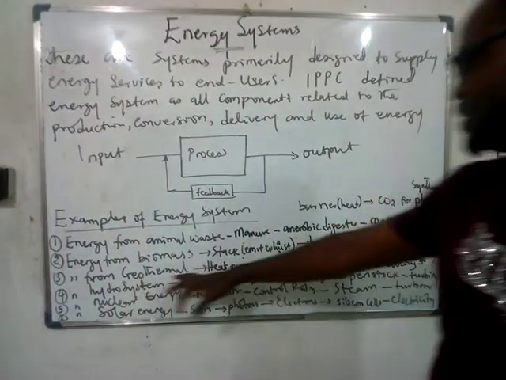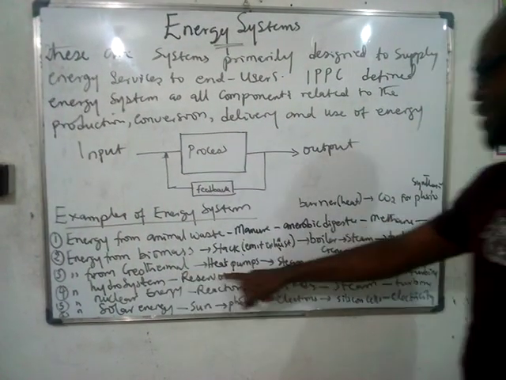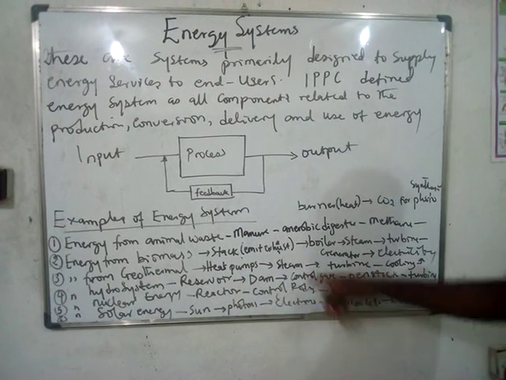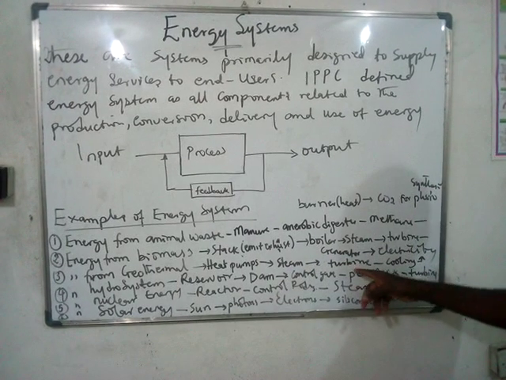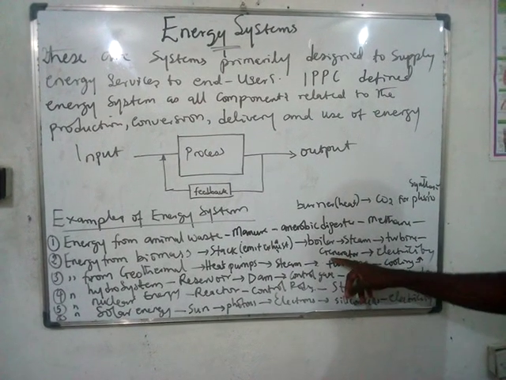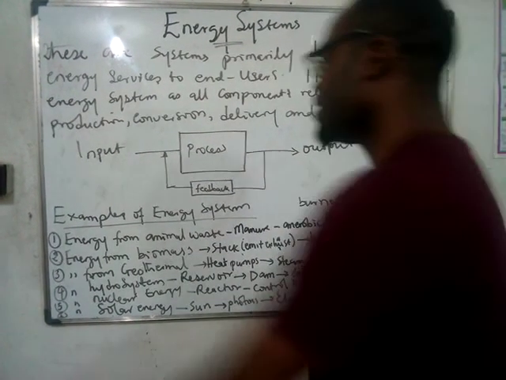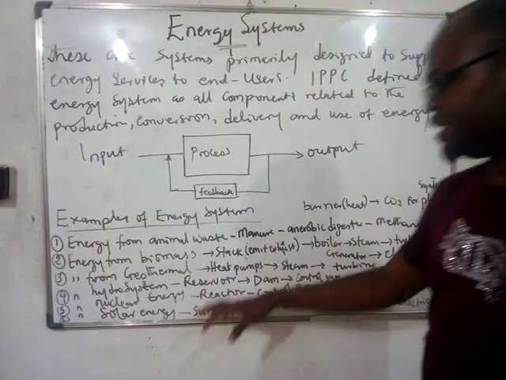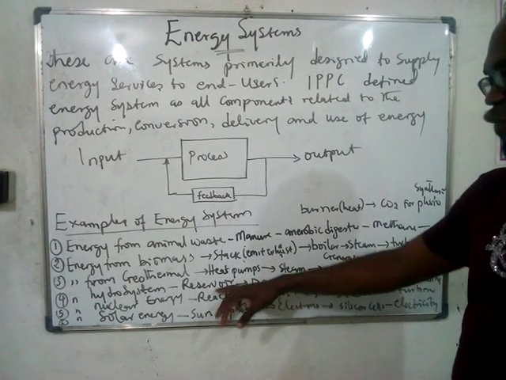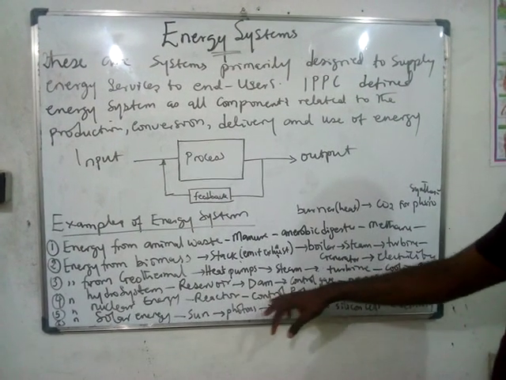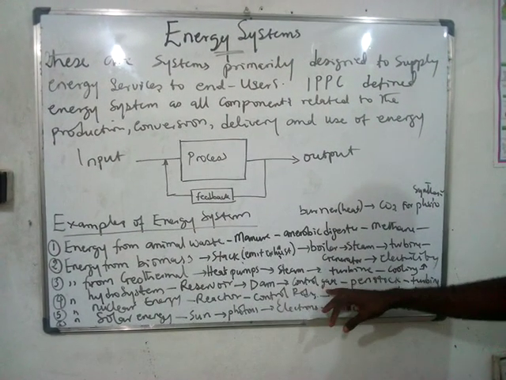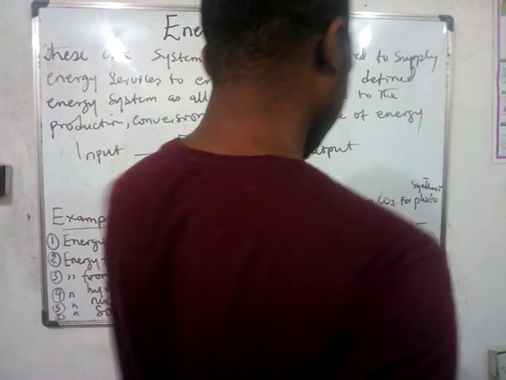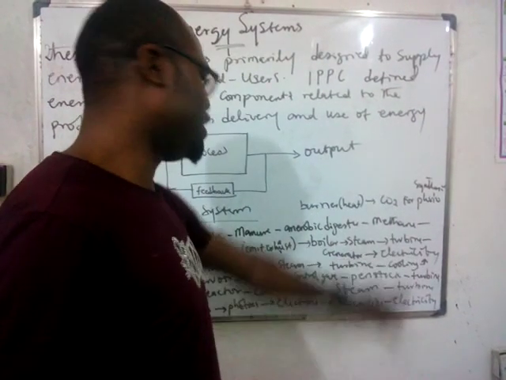Then we'll talk about geothermal that releases heat, which is taken by the heat pumps to form steam, then to turbine, then cooled back, to generator and then to electricity. Then we'll talk about energy from hydro system, which is essentially a reservoir of water that pushes water to the dam, which has a control gate, then gets it to a penstock, then to a turbine, then from the turbine, generator to electricity.